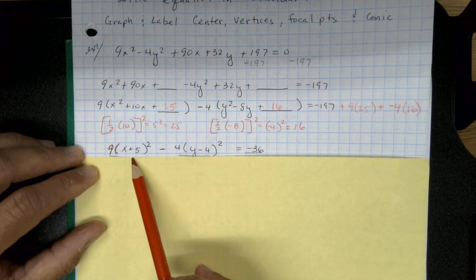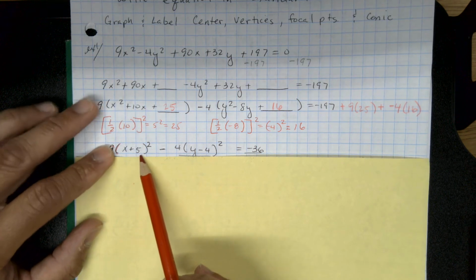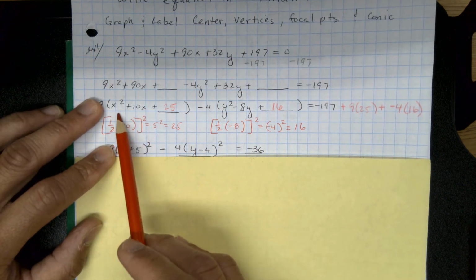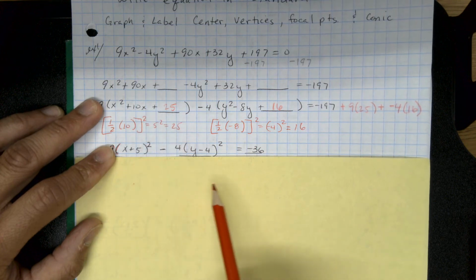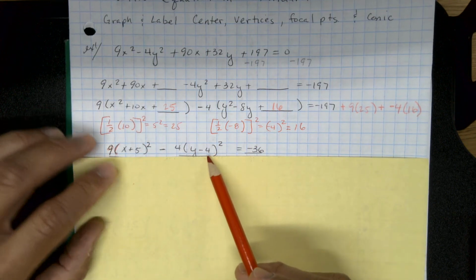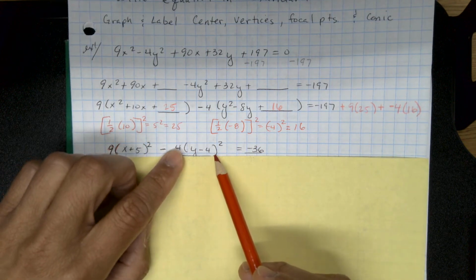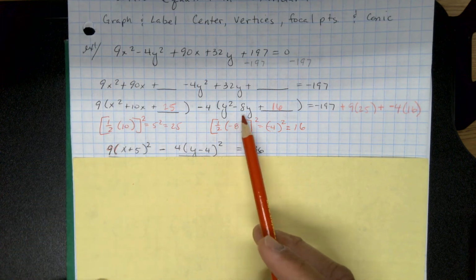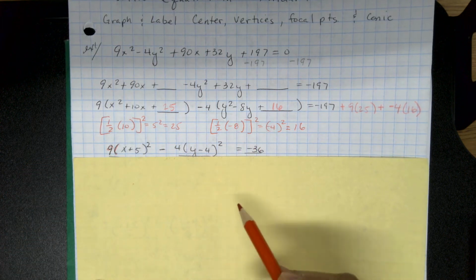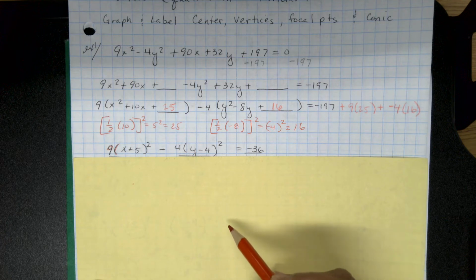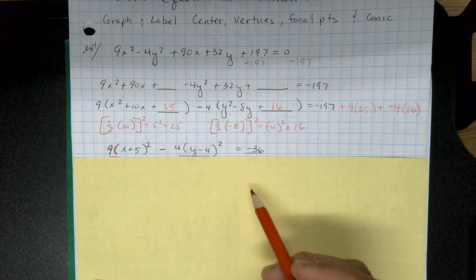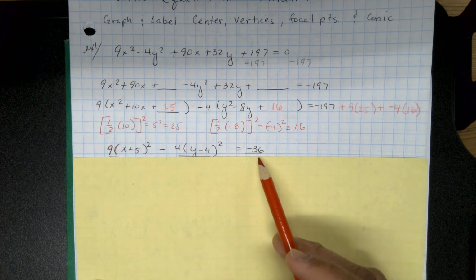We completed the square. So x plus 5 quantity squared is equivalent to x squared plus 10x plus 25. Here we have y minus 4 quantity squared. It's y squared minus 8y plus 16. Now in order for this to be in standard form, the right side of the equal sign has to equal 1.